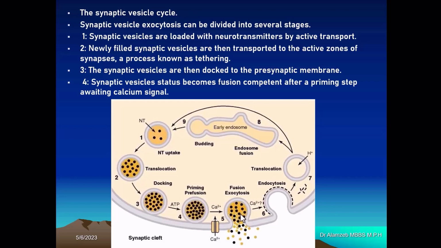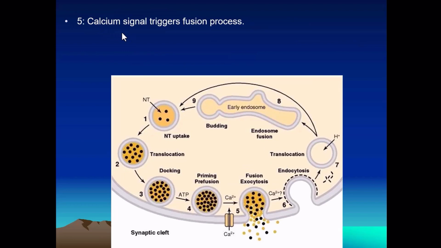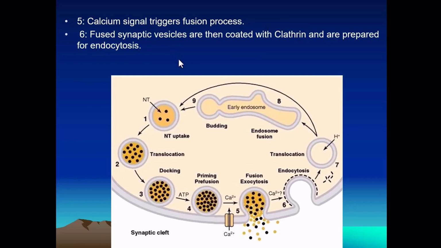The vesicle then releases its neurotransmitter into the synaptic cleft. After this release, the calcium signal triggers the fusion process, and a few synaptic vesicles are coated with clathrin and prepared for endocytosis.